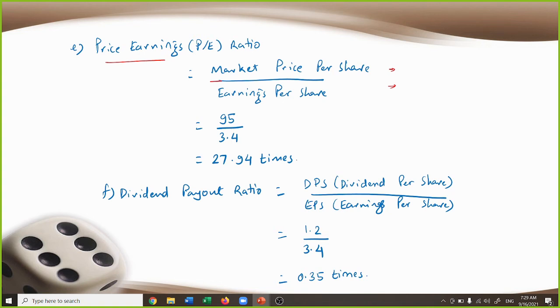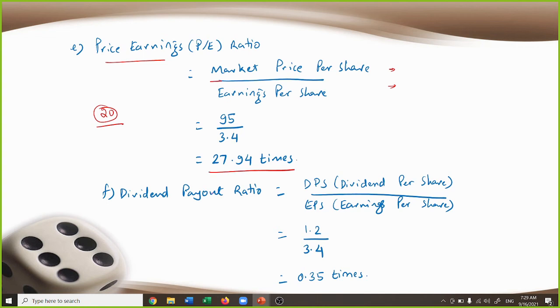So this ratio is basically good if we find it in a lower number, but we should check it very cautiously. It's generally preferable below 20, but we should check it very cautiously.